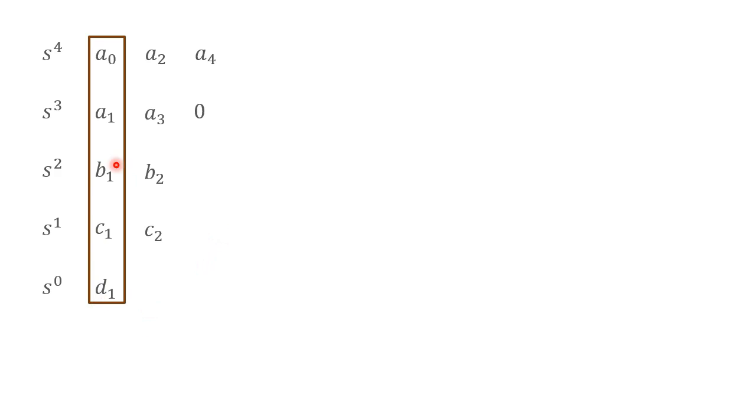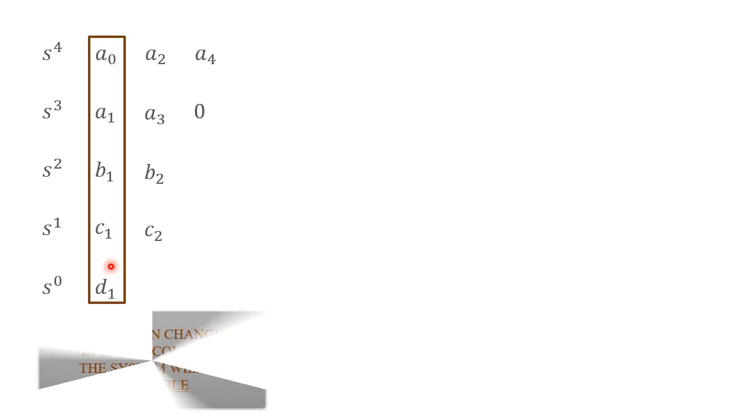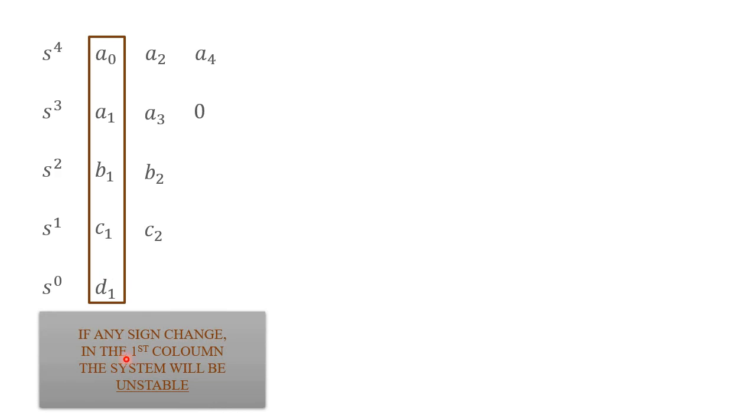If we have sign changes in the first column, by sign changes I mean a plus term, minus term like this, then any kind of sign change, even a single sign change, will lead the system to instability. If there is any sign change in the first column, then the system will be unstable.